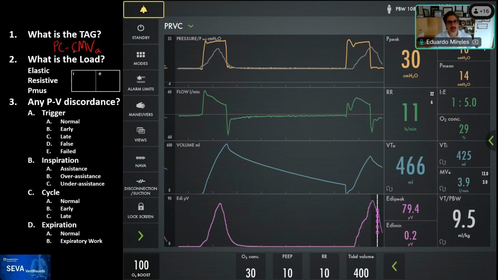All the breaths are mandatory, so continuous mandatory ventilation, and it's adaptive targeting, meaning that the inspiratory pressure will be adjusted to achieve the target tidal volume. Here you can see that the target tidal volume is 400. The patient got 466, and so the algorithm will adjust between breaths the amount of pressure that it delivers, so that at the next one it's closer to what it should be.